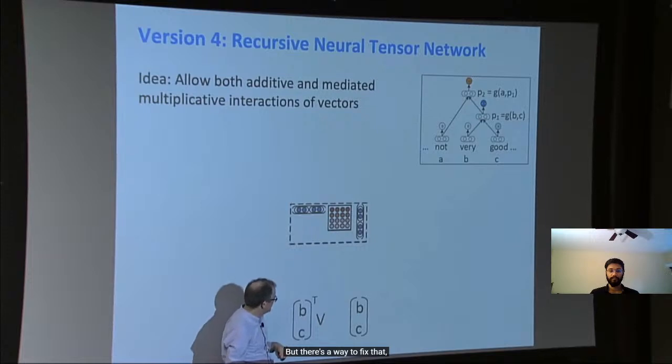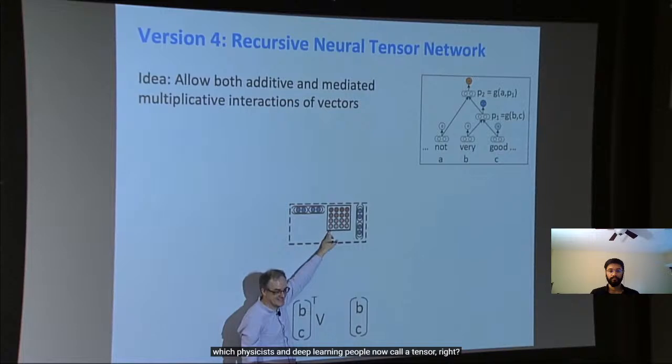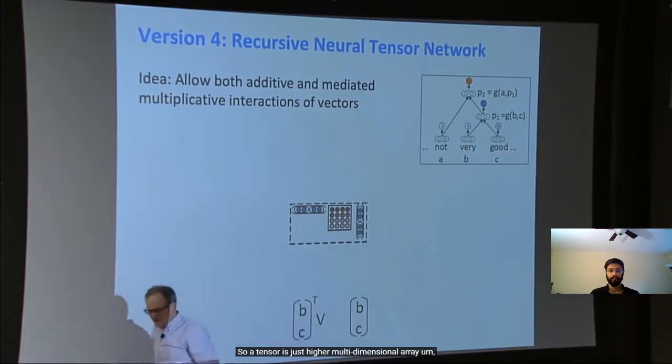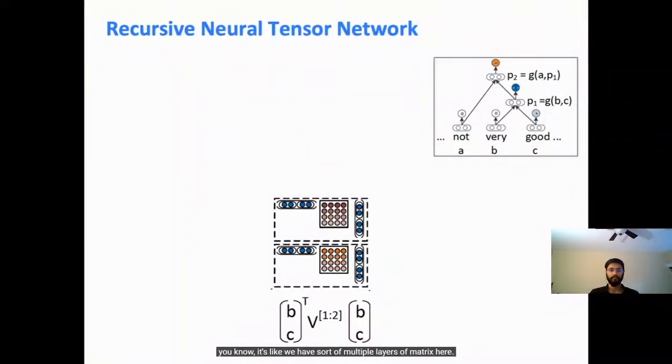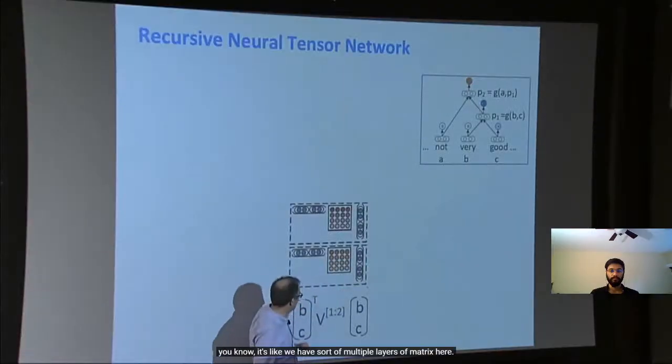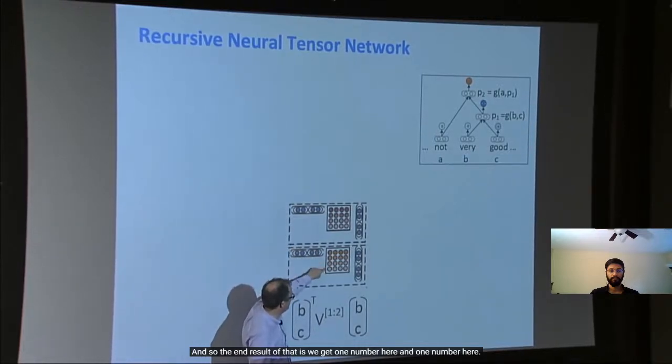But there's a way to fix that, which is to say, rather than having a matrix here, what we could stick here is a three-dimensional cube, which physicists and deep learning people now call a tensor, right? So a tensor is just a higher multi-dimensional array in computer science terms. So if we made that a tensor, it's like we have multiple layers of matrix here. And so the end result of that is we get one number here and one number here.